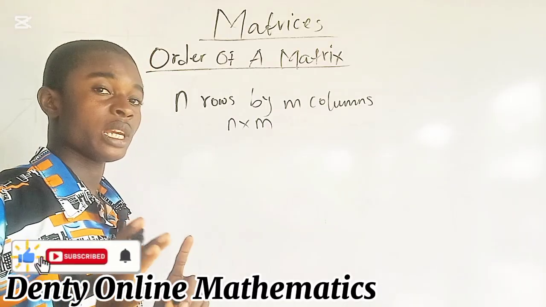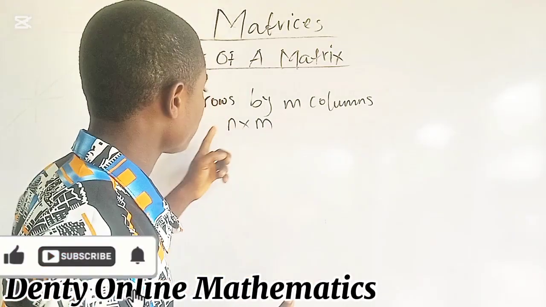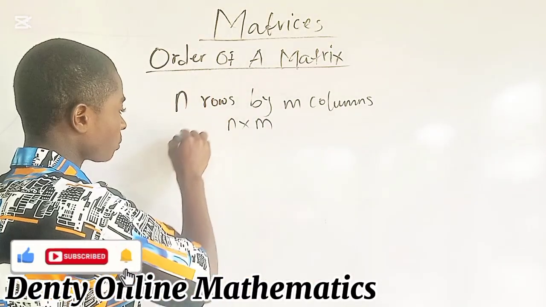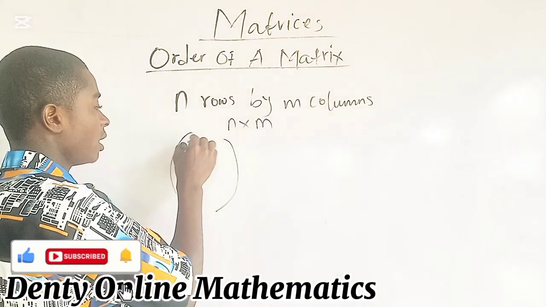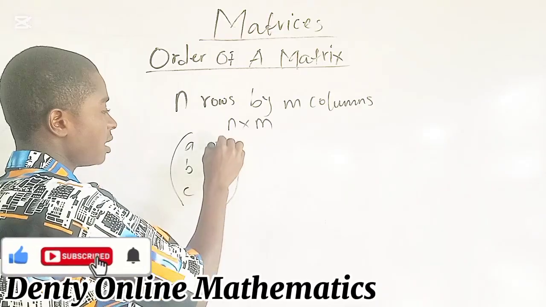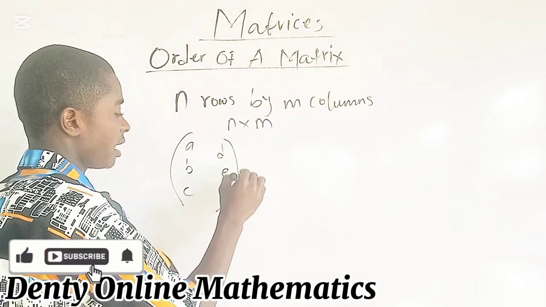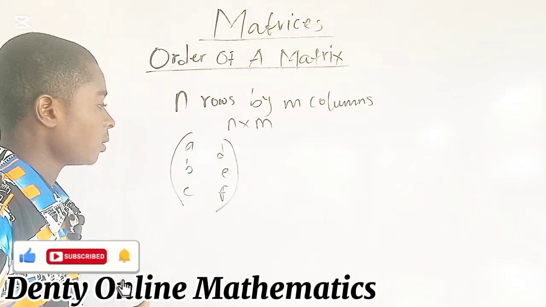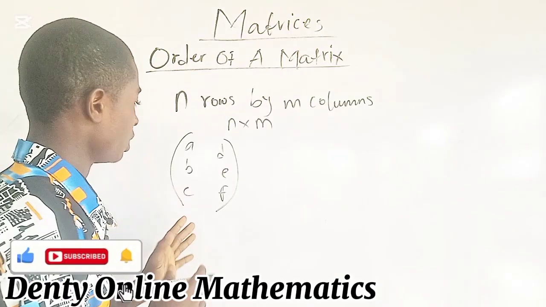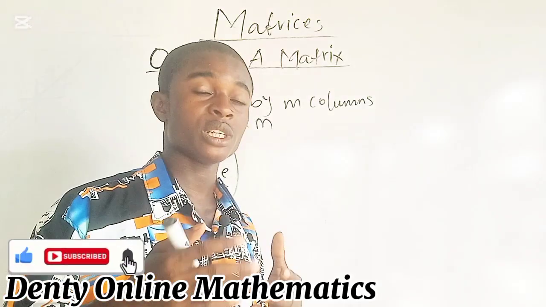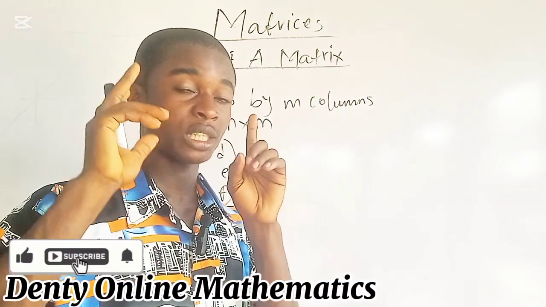So if I want to say a matrix is represented, let's just bring an example. If you have A, B, C, D, E, and F. Now, what is the order at which this matrix is being arranged? We say the matrix is arranged based on the rows and the columns.